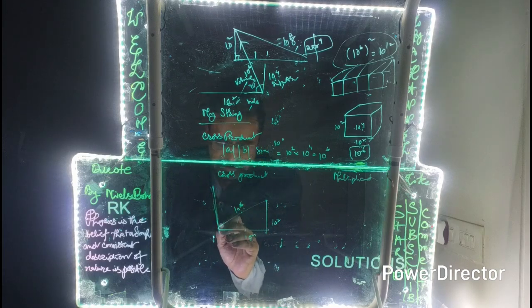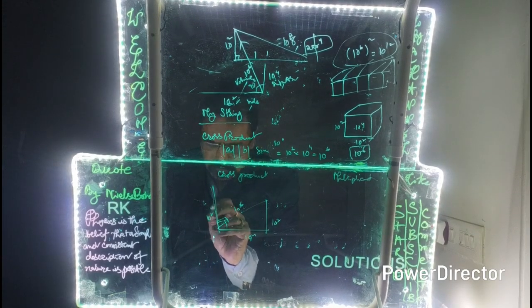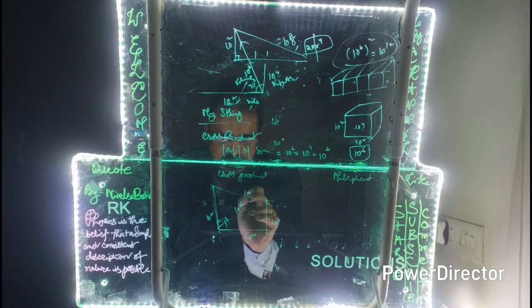When you take the cross product of this again with 10 raised to 2, you will get 10 raised to 8.